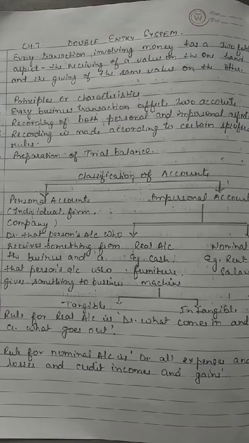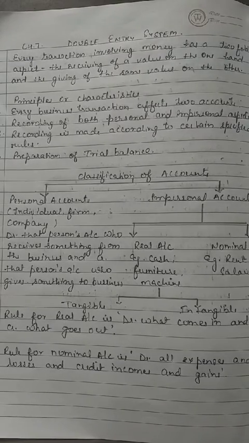Okay. So basically what we have to do in this chapter, first of all, we need to understand that every transaction has at least two effects. Okay, sometimes it can be more, but the total amount of debit and credit will remain equal every time.